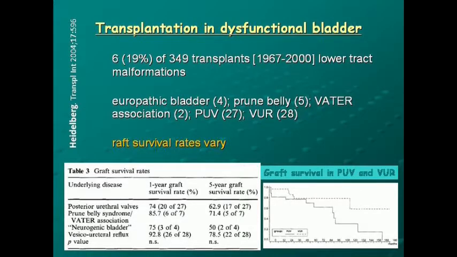The graft survival depends a lot on the primary diagnosis. If you have a patient with a posterior urethral valve, PUV, compared to VUR, the outcomes are better with VUR than with posterior urethral valve if you look at the 15-year outcome. So the graft survivals would very often depend on the underlying etiology.